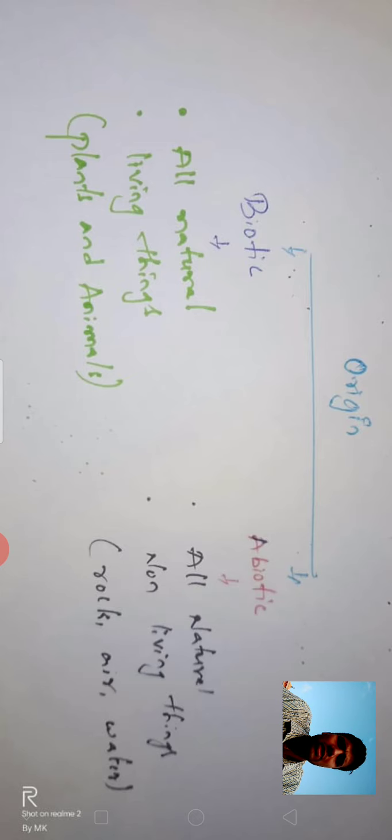It's very obvious when we talk about living things like plants and animals. Coming to abiotic, these are also natural things, but the difference is that they are non-living things. All natural and non-living things can be considered abiotic. Examples are rock, air, water.